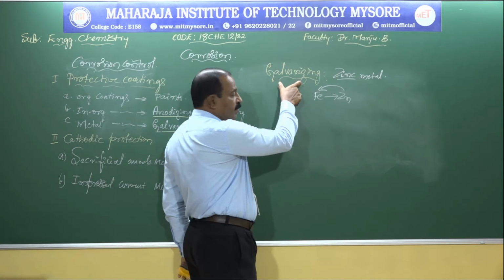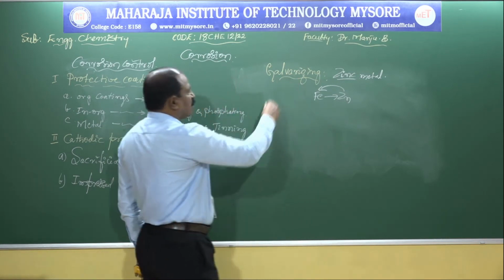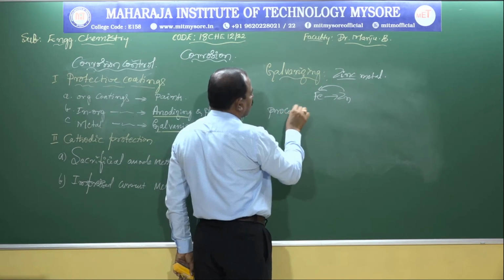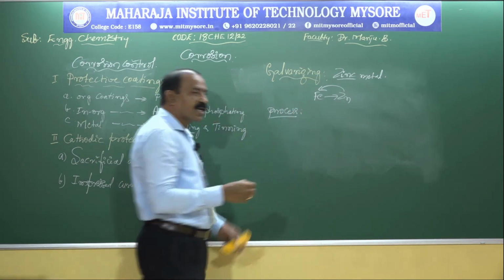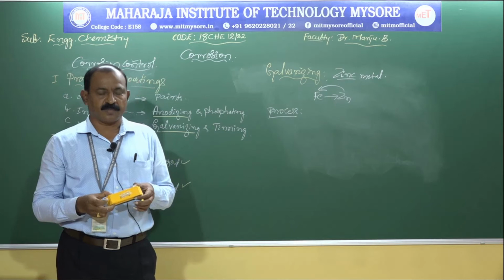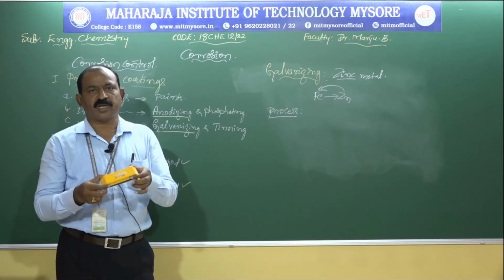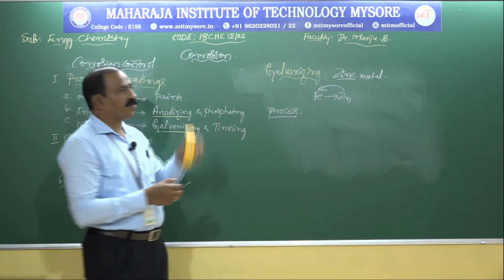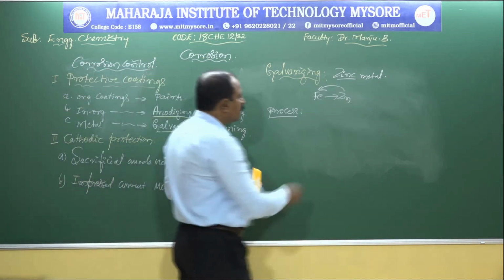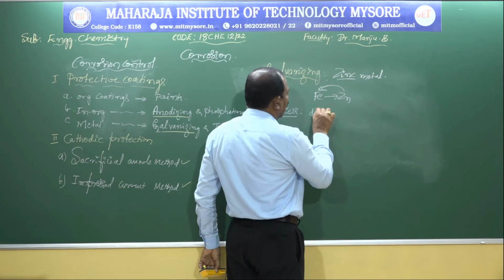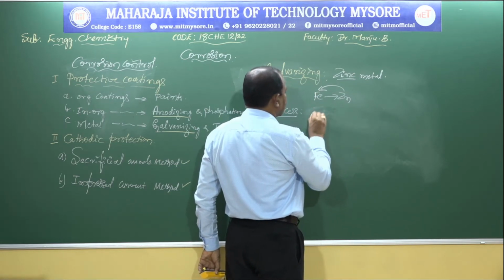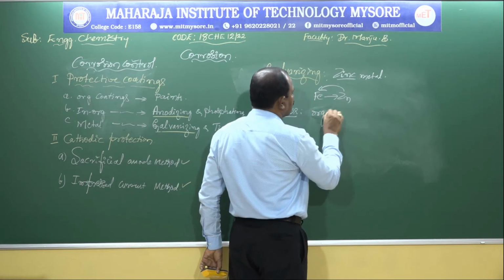Now, what is the process of galvanizing? First, the article to be protected from corrosion, the metal or object that is required to control the rate of corrosion, is first treated with an organic solvent.